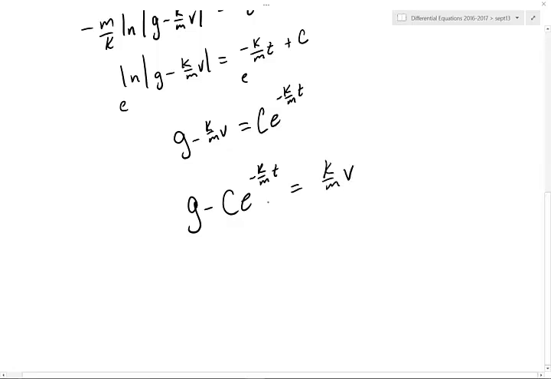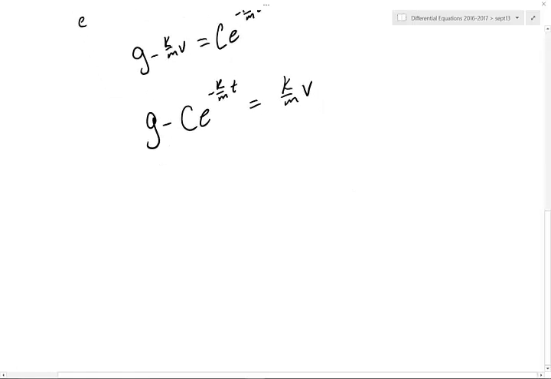Now multiply through by that, and you get mg over k minus, and that's m times c over k, in other words, just a great big c, e to the minus k over m t, is equal to some velocity.